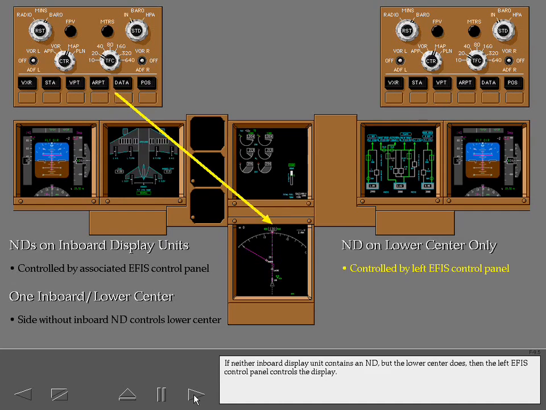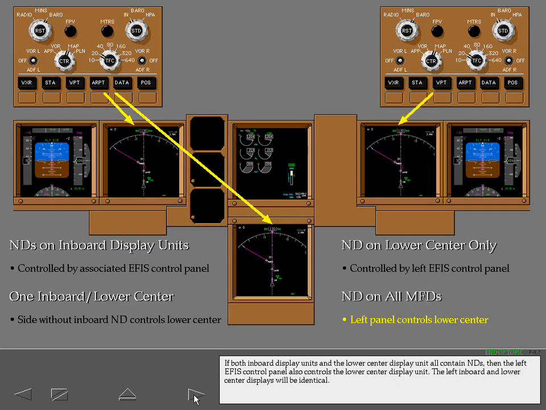If neither inboard display unit contains an ND, but the lower center does, then the left EFIS control panel controls the display. If both inboard display units and the lower center display unit all contain NDs, then the left EFIS control panel also controls the lower center display unit. The left inboard and lower center displays will be identical.